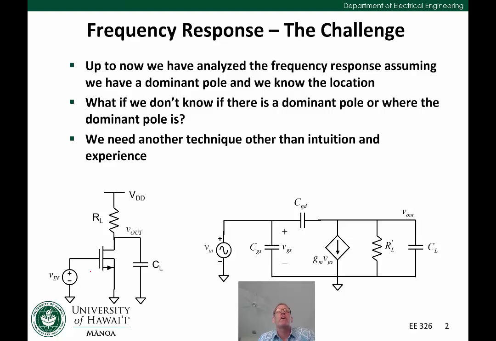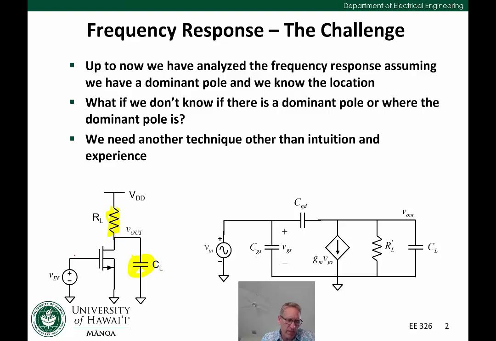Okay, so here's the challenge. Up to this point, we've talked about the frequency response of amplifiers where we have a good intuitive sense of where the dominant pole is. For example, if we look at this common source amplifier shown on the bottom left, we can say, oh, okay, we have this RL here, and we have a CL at the output, and therefore we think that that's going to be the dominant pole.